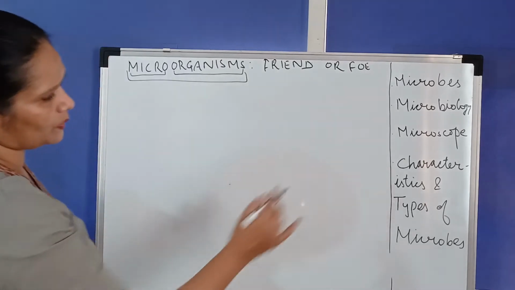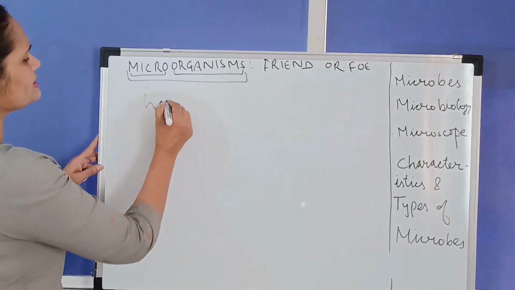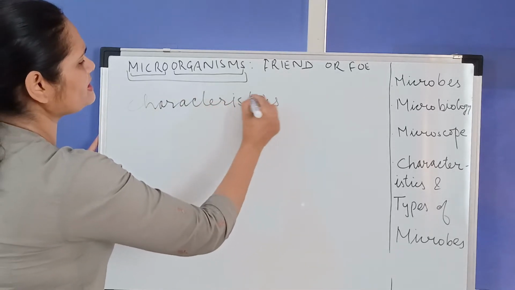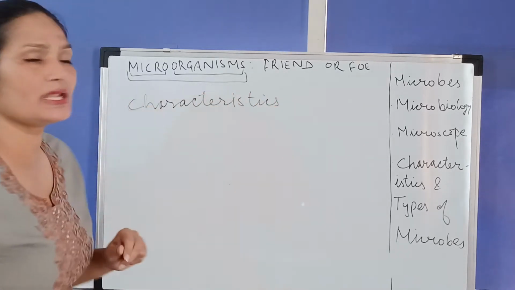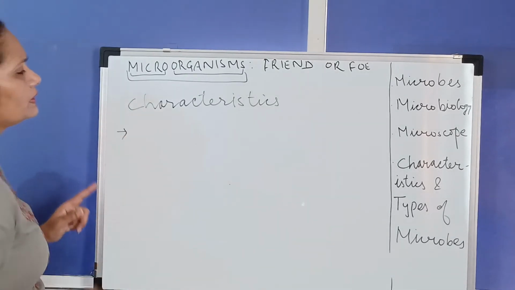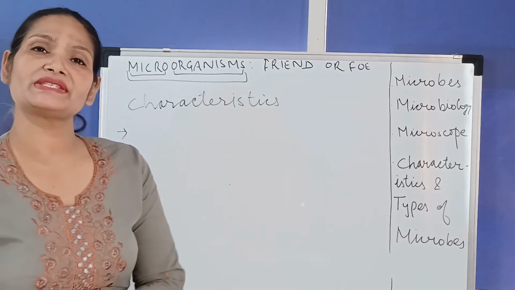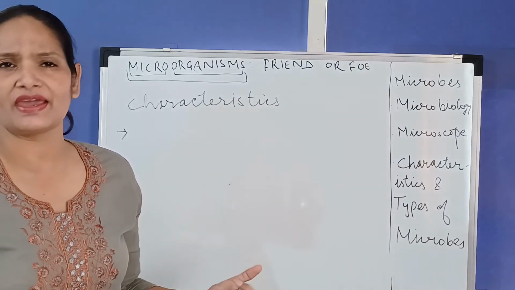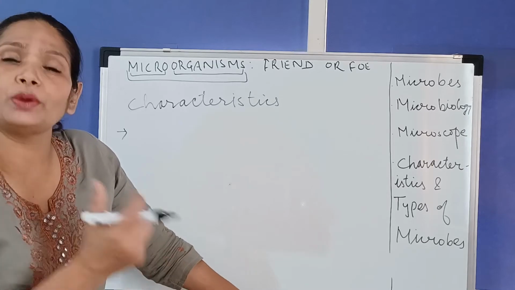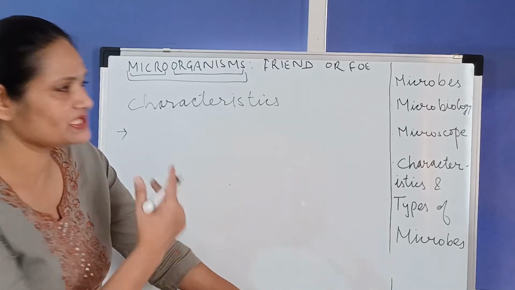Okay. Now, characteristics of microorganisms. Characteristics means some basic properties of microorganisms. So one property is that microorganisms are present anywhere. Even in areas with very low temperature, microorganisms are seen.